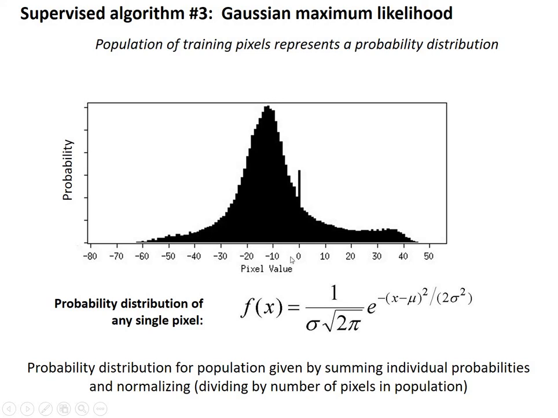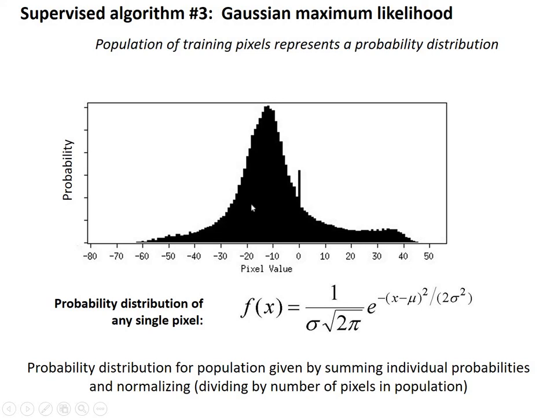Essentially it shows you here's the possible pixel values in the training group, minus 60 to 40 is their range, and most of them fall kind of here within 30 to 0, but some of them fall out here.